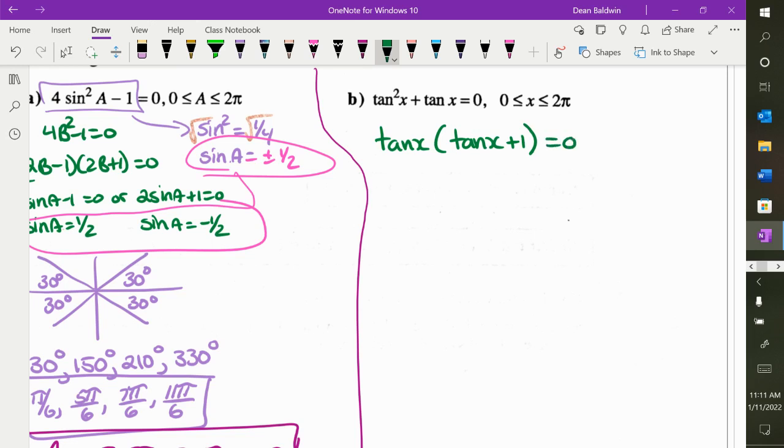So I've got that. So then you have tan of x equals 0, or tan of x is equal to negative 1.